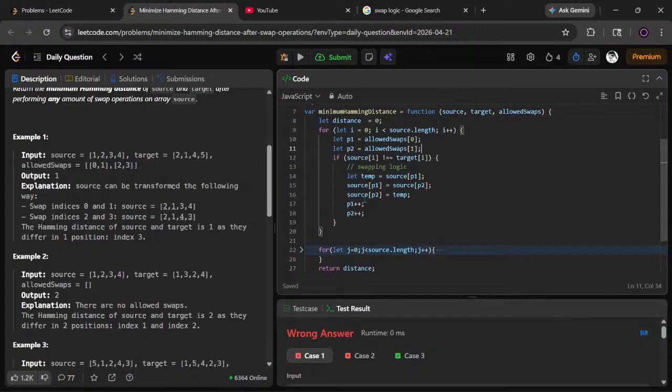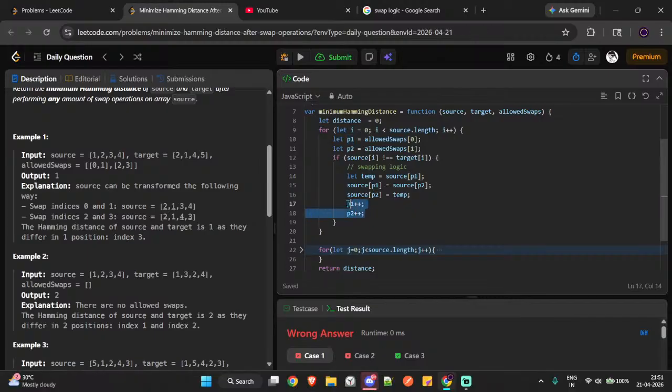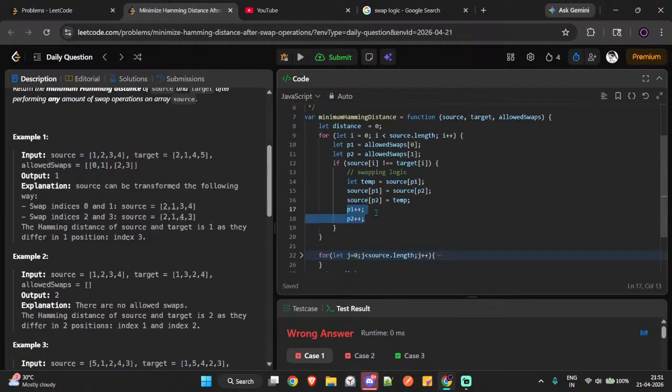Where did I make a mistake? After swapping, I'm also incrementing my index. So it doesn't stay the same. What is wrong here? I'm storing the index of the one here.